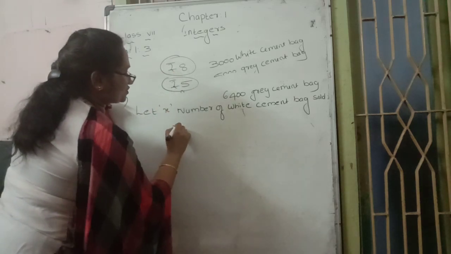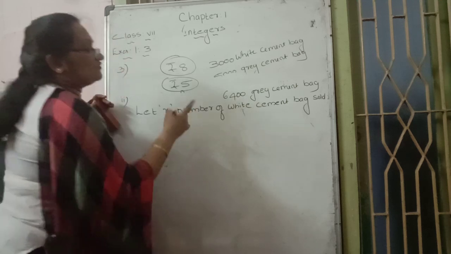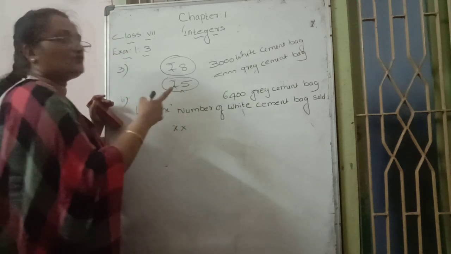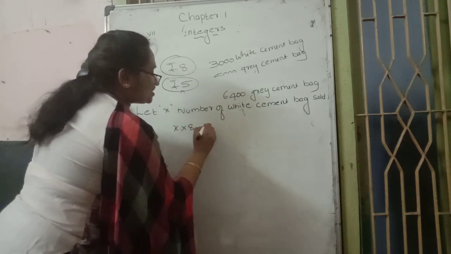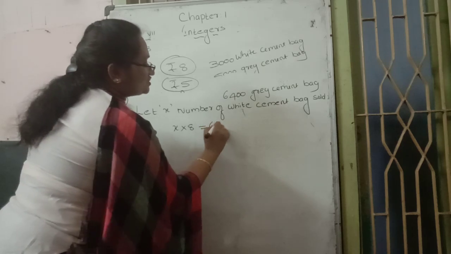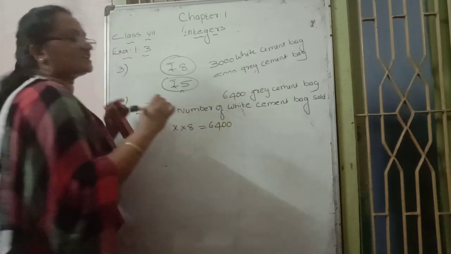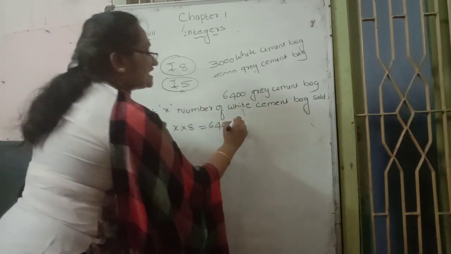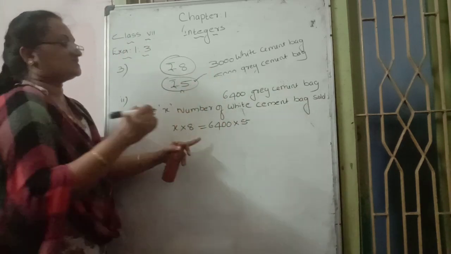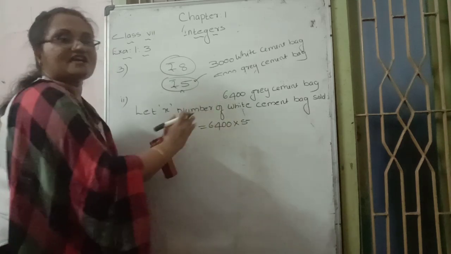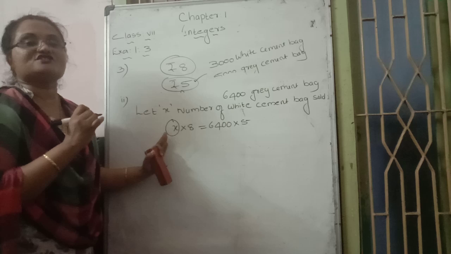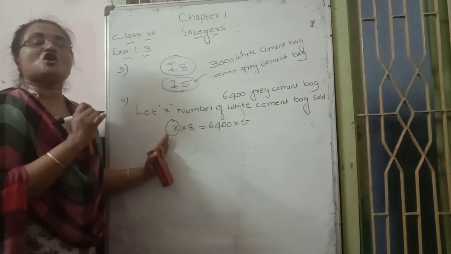So we write: number of white bags is x, each bag profit 8, equals the 6,400 grey bags sold, each grey bag with 5 rupees loss. Then they are equalizing. Our aim is to find this x value, which represents the number of white bags.